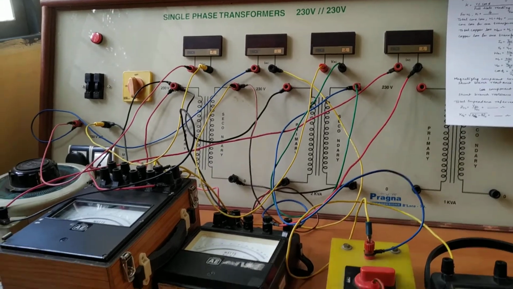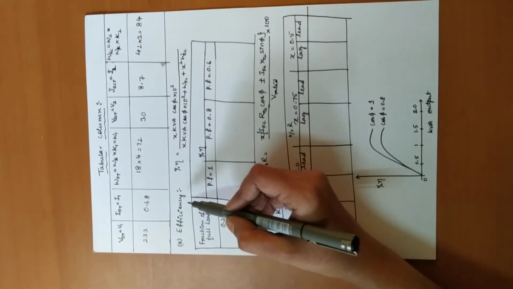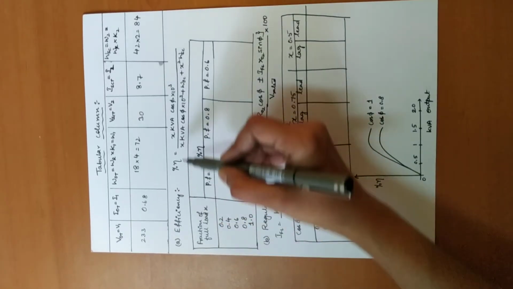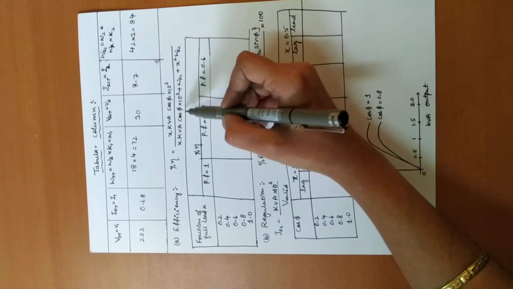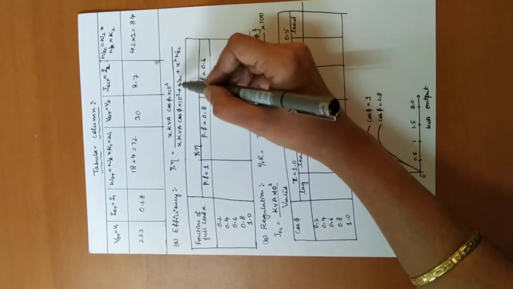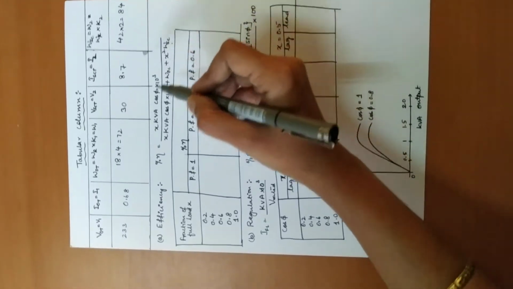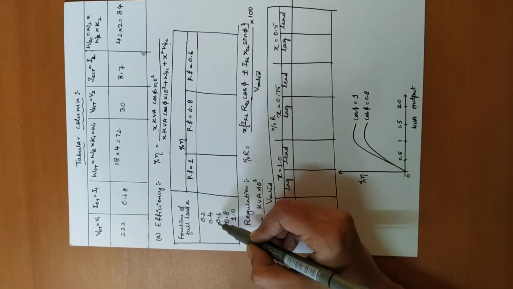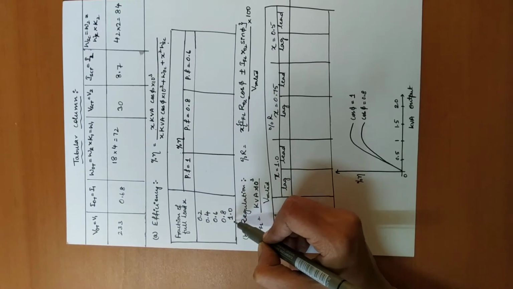Now let's move on to the further calculation part, how to calculate the efficiency. The formula is x into kVA cos phi into 10 power of 3, divided by x into kVA into cos phi into 10 power of 3 plus W naught C plus x square times WSC. Here x will be the different fraction of the load, which you are going to take as 0.2, 0.4, 0.6, 0.8 and 1.